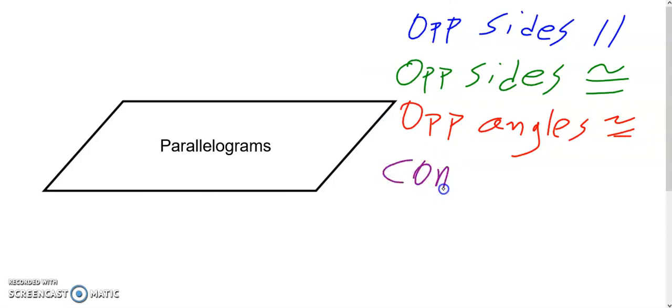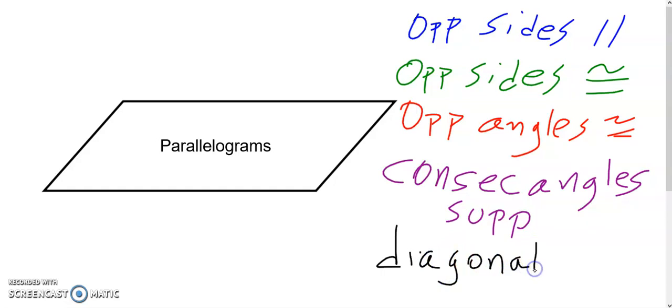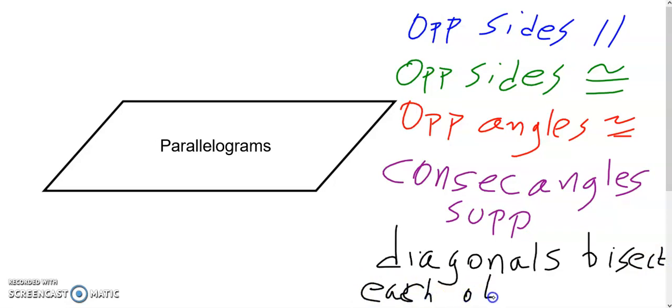Consecutive or same side angles have to be supplementary. And lastly, diagonals bisect each other. The diagonals in the parallelogram will cut each other in half. Okay, so those are the rules for a parallelogram. That's what separates the parallelograms from the other quadrilaterals.